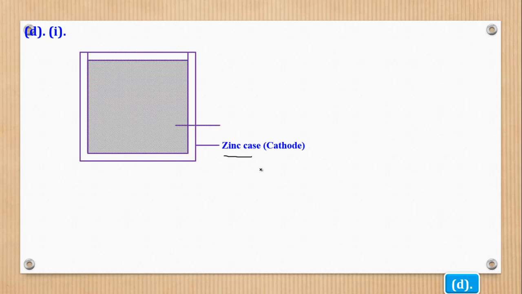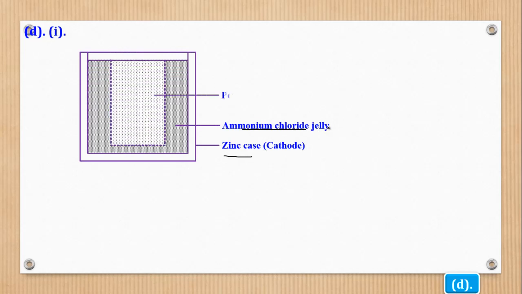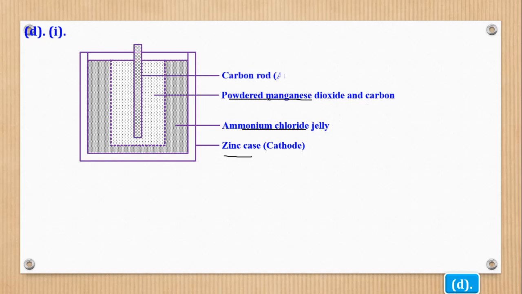Then we need that liquid, which is ammonium chloride jelly. Then we shall also need that, which is powdered manganese dioxide and carbon. Then carbon rod, which acts as the anode. And lastly, we shall need the brass cap.